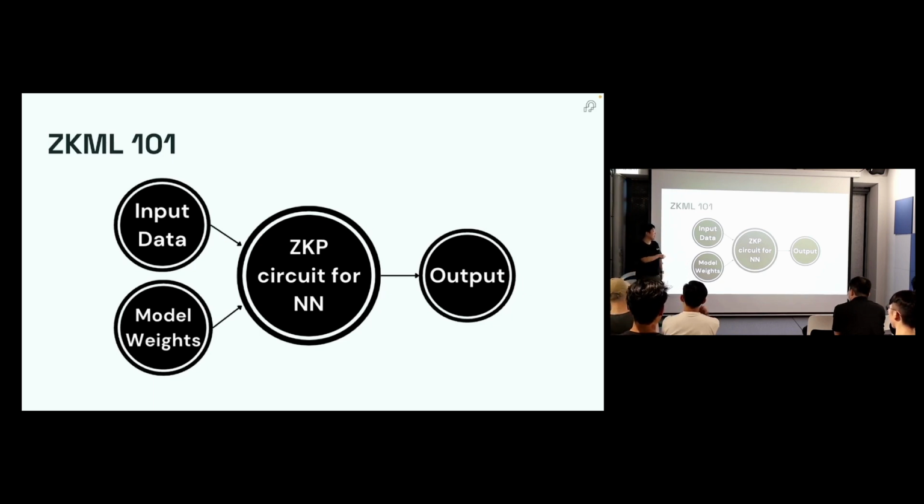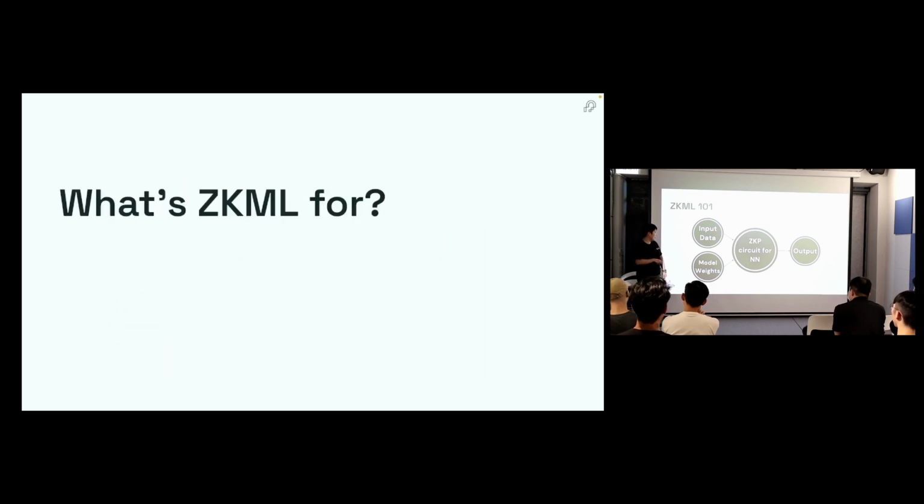Usually when people talk about privacy, they are referring to the input data being private input and the model weights being public input. Or vice versa, when people are talking about hiding the model, right? Some proprietary model. The model weights might be private, whereas the input data may be public. It doesn't make sense for everything to be private, otherwise we're not really proving anything.